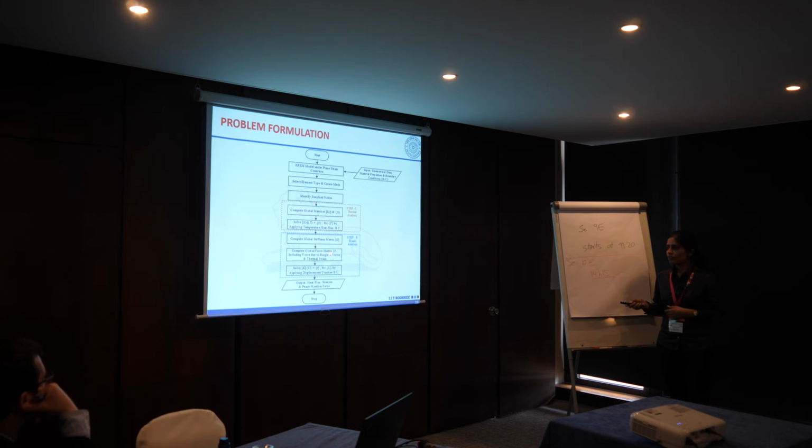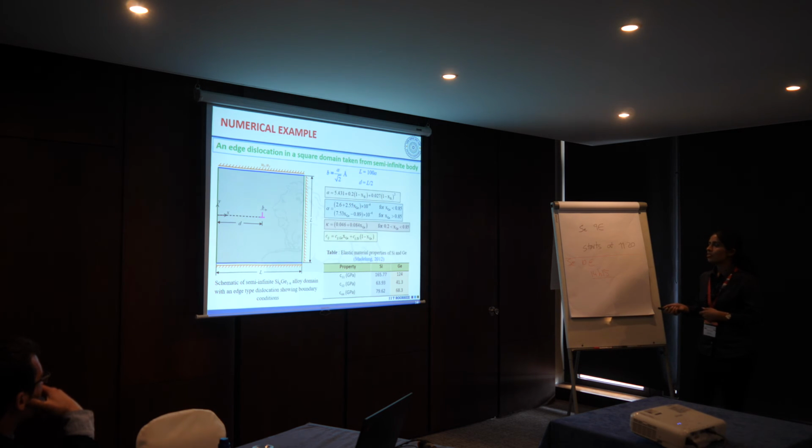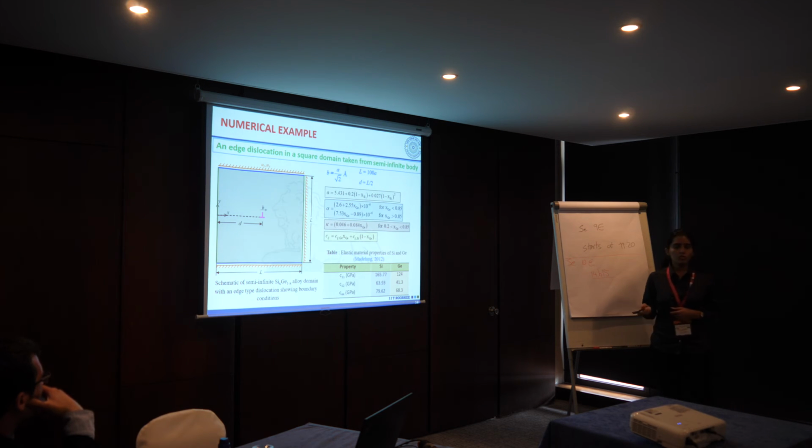Then we will define the forces due to the Burgers vector over the dislocation, the glide plane and thermal strains, and those will be considered to obtain the solution of displacement. Then these displacements will be post-processed to obtain the heat flux, stresses and Peach-Koehler force.